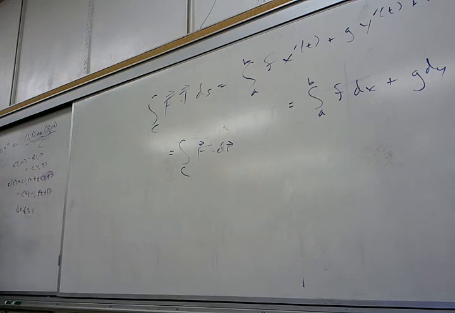It depends on what they give you, what's easier to work with. It's not always going to be a straight line segment, so sometimes it'll have to be 0 to 2 pi if it's circular, or 0 to pi if it's half a circle. But whenever you have a line segment, if you do it this way, t is going to be from 0 to 1. 0 is the starting point, and 1 will get you to the ending point. It doesn't have to do this.